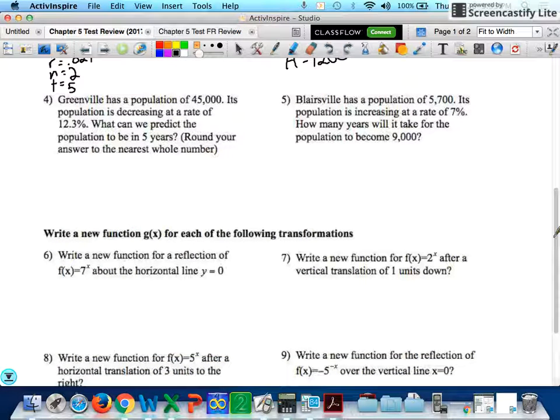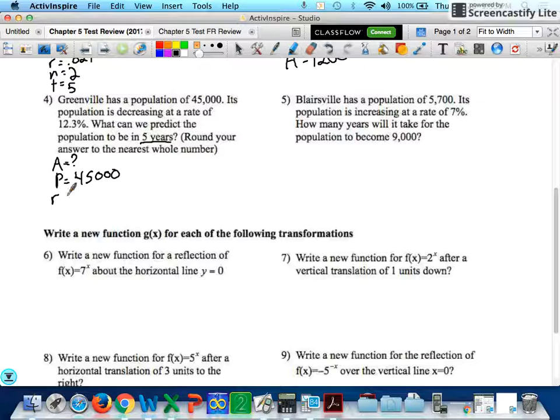We're back to a problem where we were given t, and what it wants to know is what's the final population going to be. So we need to know A. What we have is that P equals 45,000. That's how many people are in this big town or in this big city.